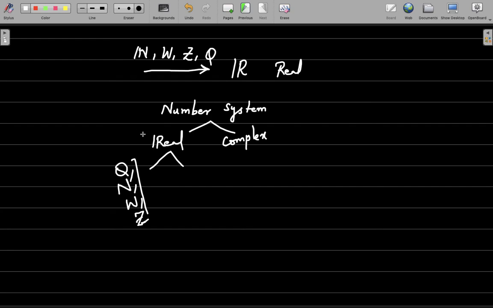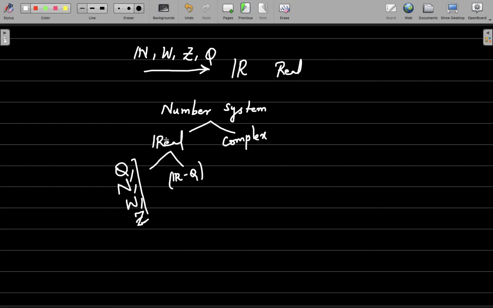So if I am representing the real numbers with capital R, all those numbers which are not rational are irrational, isn't it? So I can represent irrational numbers as R minus Q. That is, the whole set of real numbers minus the rational numbers will give you the irrational numbers.